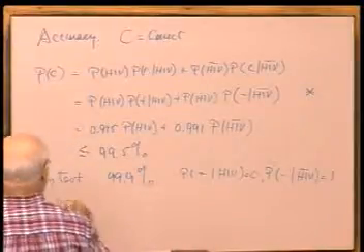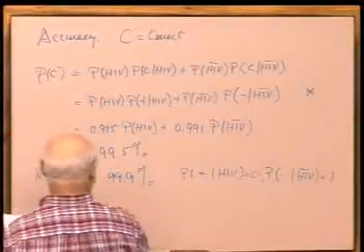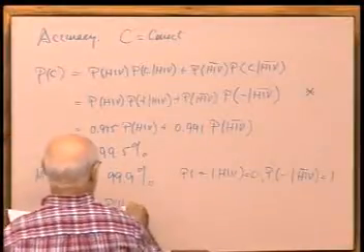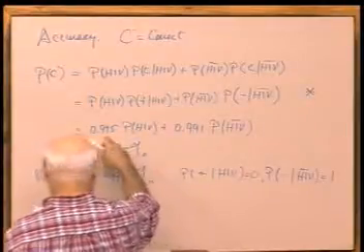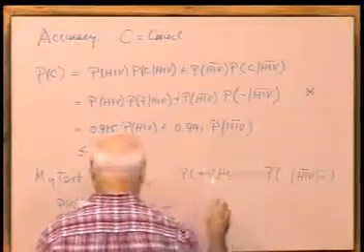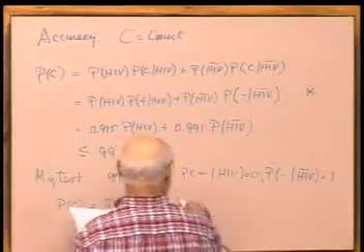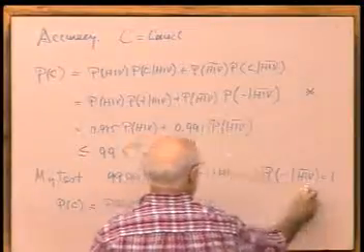The probability of being correct is equal to the probability that the individual has HIV, but now this is replaced by 0, plus the probability the person does not have HIV, but now this number is replaced by 1.